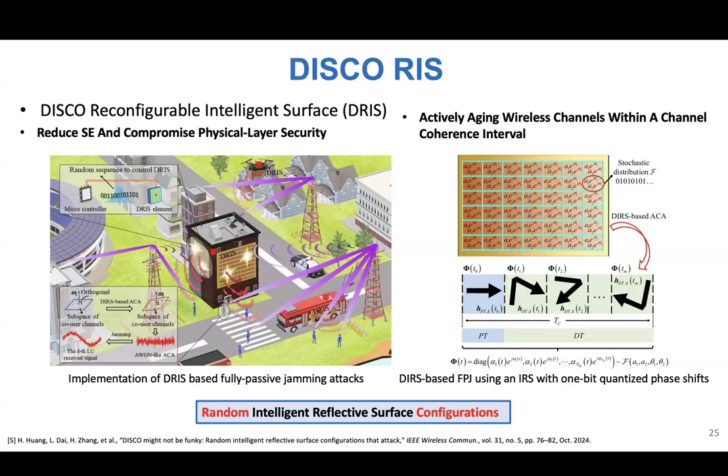So I really don't know, and this is the Achilles heel for physical layer security. What the disco means here is that for an RIS, if I know the eavesdropper's location, I can either jam that eavesdropper, or I can reflect the signal to the source to improve it. But currently, I have no idea where the eavesdropper is.